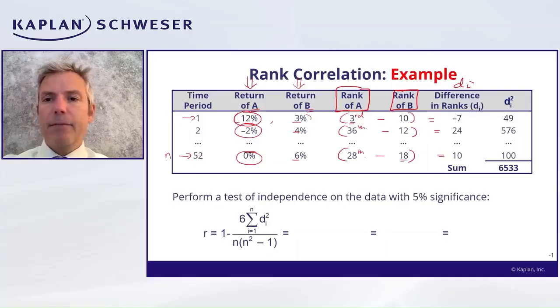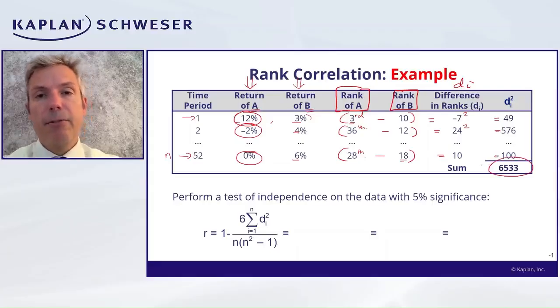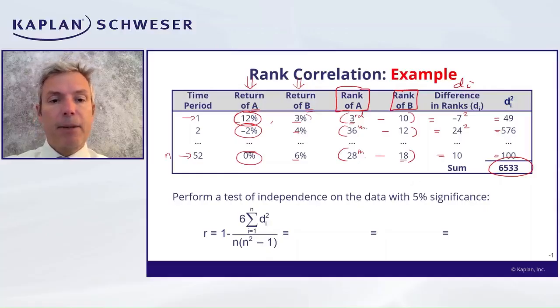Okay. So the sum of these: minus 7 squared is 49, 24 squared is 576, 10 squared obviously is 100. Sum those up, you get 6,533. You obviously won't be doing that in the exam, but you may be given that as an output to a regression analysis. Perform a test of independence on the data with 5% significance.